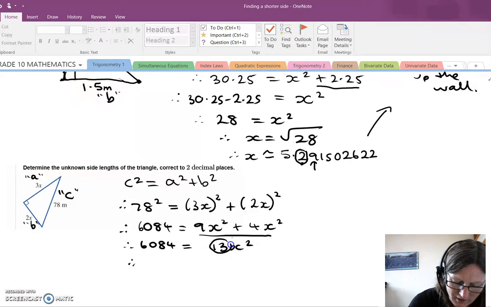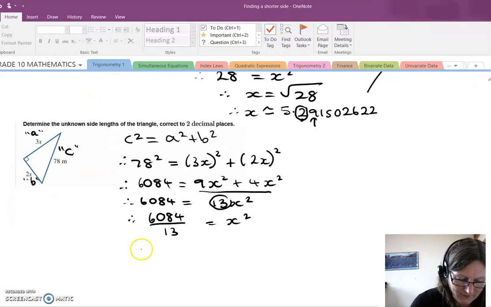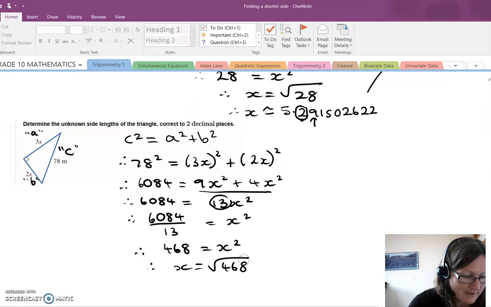So I get the 13, move it to the other side and do the opposite. So it's 6084 divided by 13 is equal to x squared. 6084 divided by 13 is 468 is equal to x squared. And of course x is therefore the square root of 468.